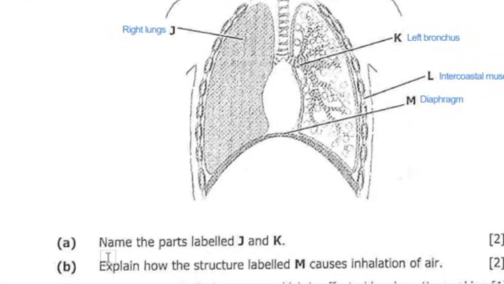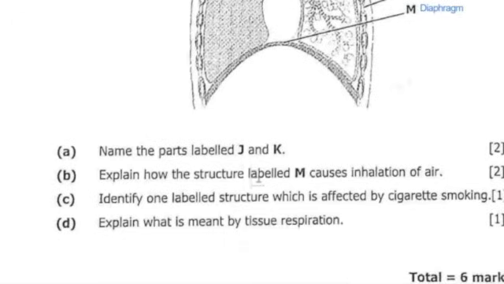Then the question is, name the parts labeled J and K. So we have already, J is right lungs and K is left bronchus. Okay, now we come to the second question. Explain how the structure labeled M causes inhalation of air.